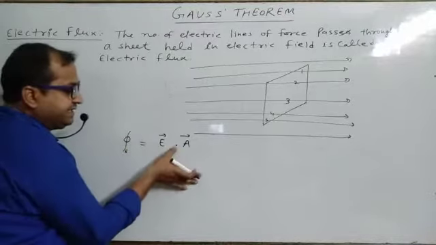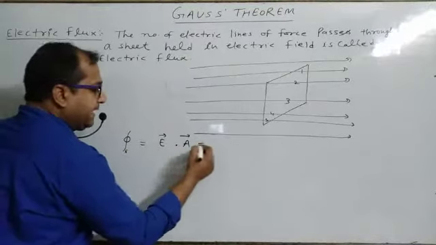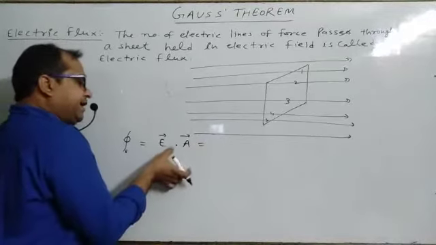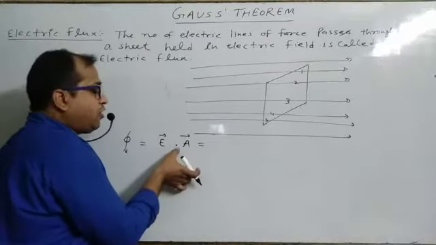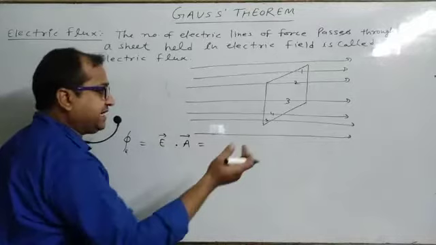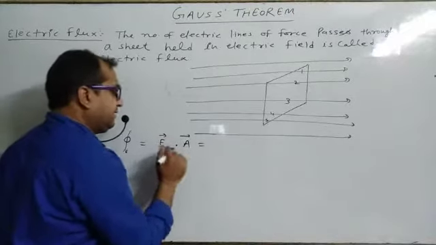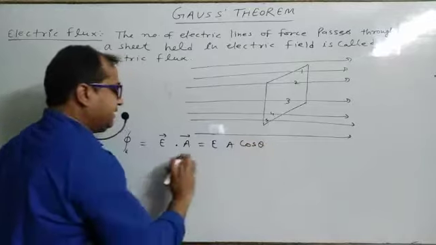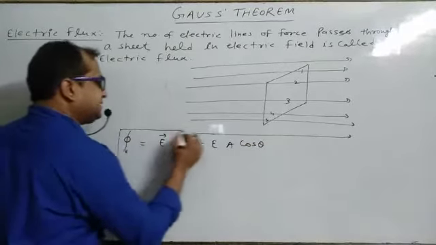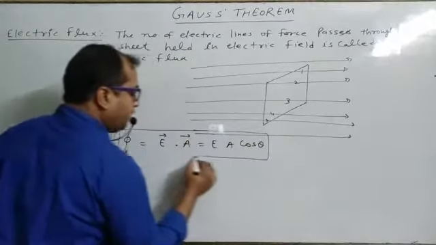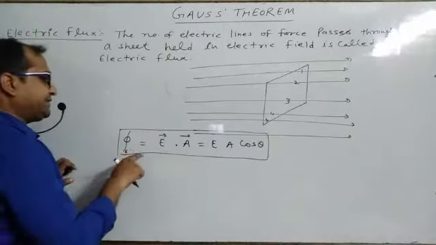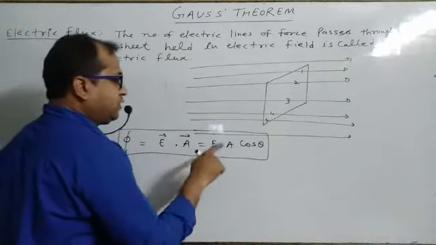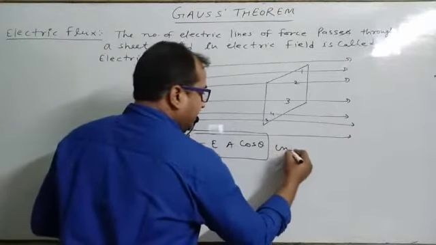So we use a scalar product, and we know that A dot B is equal to AB cos theta in scalar product. So it may be written EA cos theta. This is the formula of flux. Phi is equal to E dot A is equal to EA cos theta.